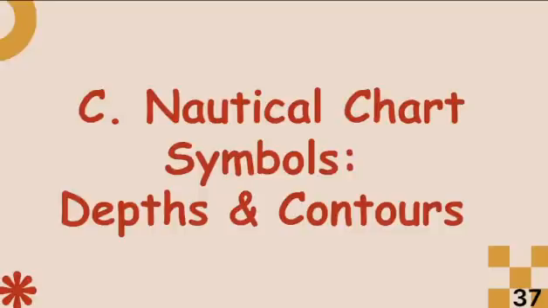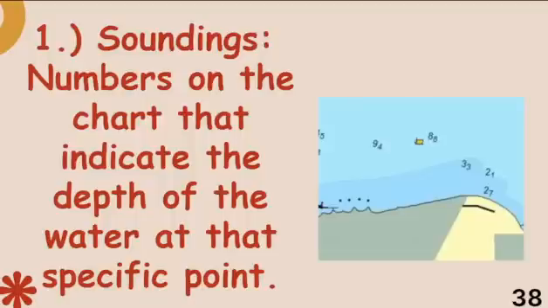Next are the nautical chart symbols, depths, and contours. In depths and contours, we have soundings. Numbers on the chart that indicate the depth of the water at that specific point.